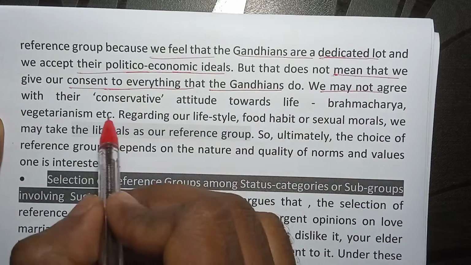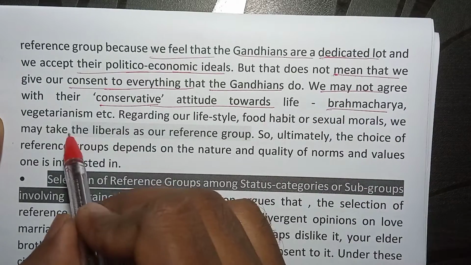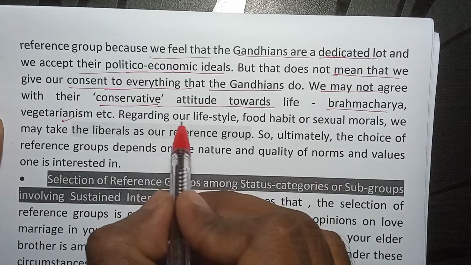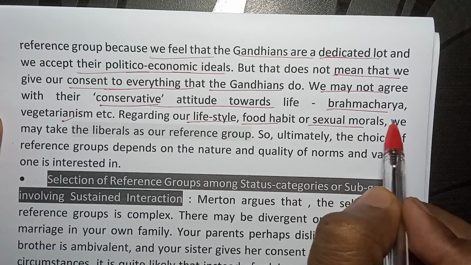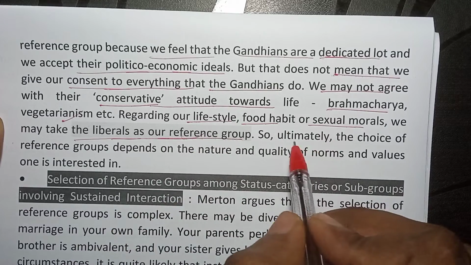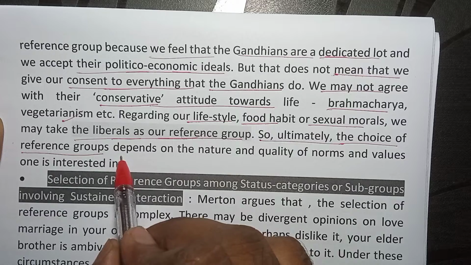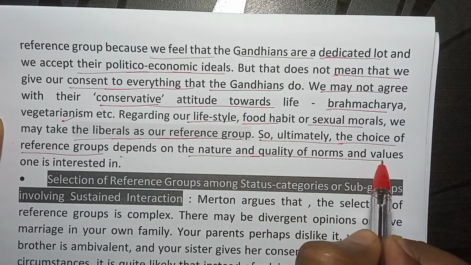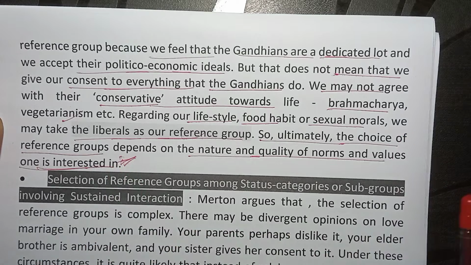We may not agree with their conservative attitude towards life, brahmacharya, vegetarianism, etc. Regarding our lifestyle, food habits or sexual morals, we may take the liberals as our reference group. So ultimately the choice of reference group depends on the nature and quality of the norms and values one is interested in.